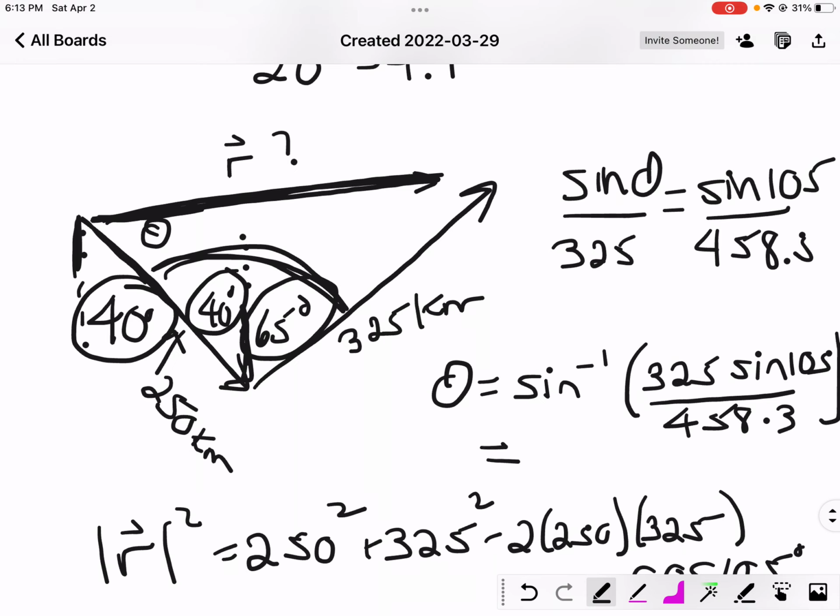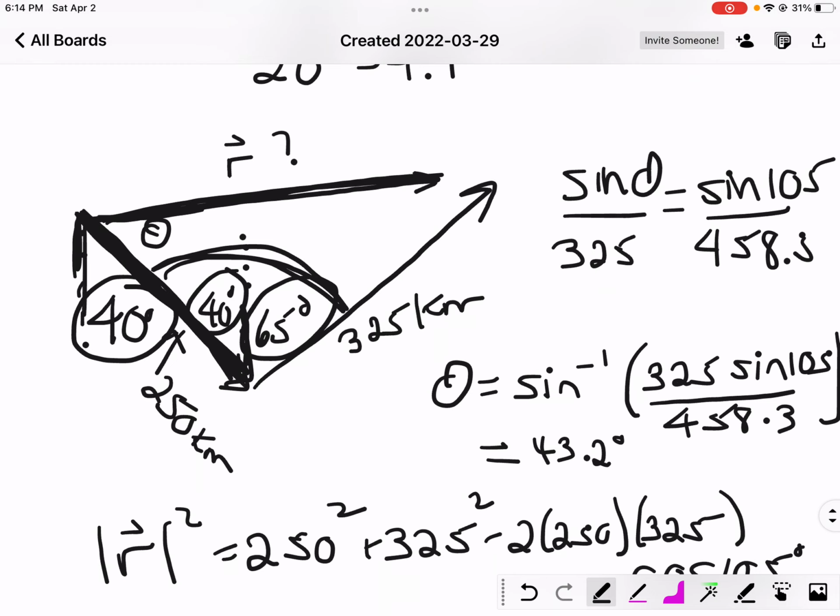And that's going to be, I believe, 43.2 degrees. Now remember, that's from this arm right there.